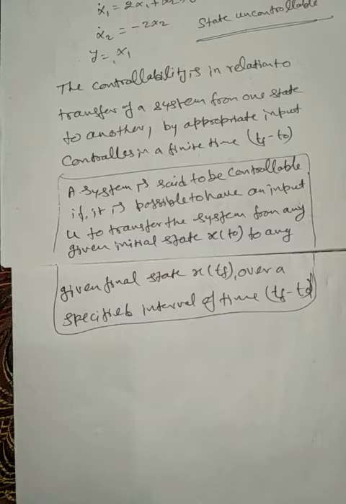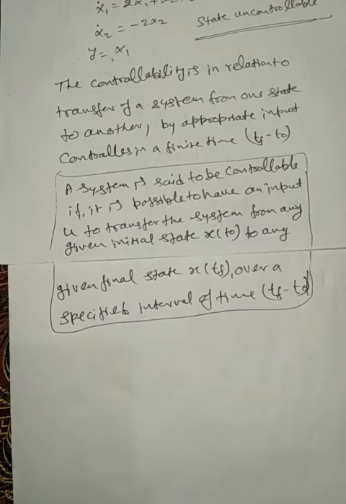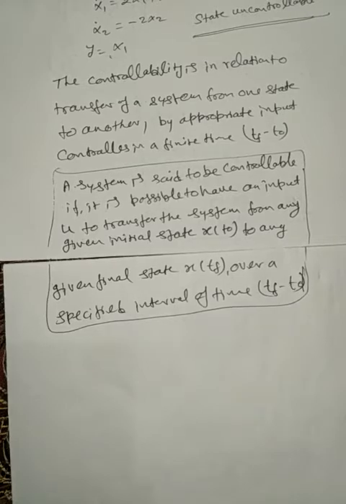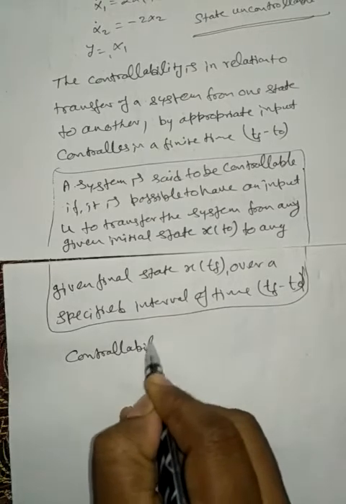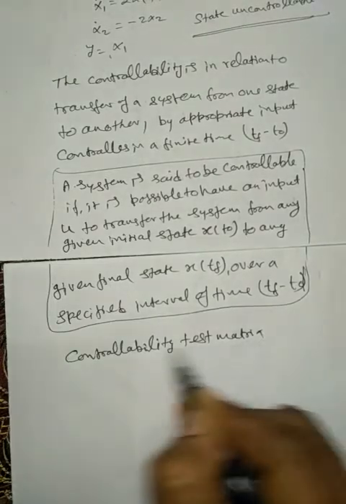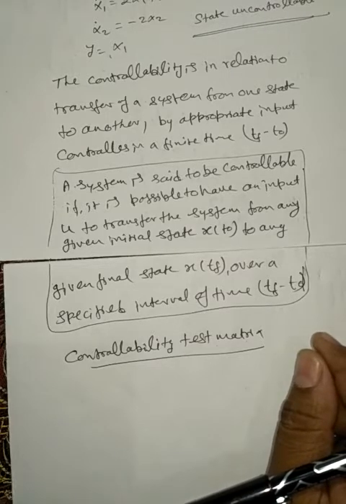And for testing whether the system is controllable or not, we perform a test by using a matrix called the controllability test matrix.